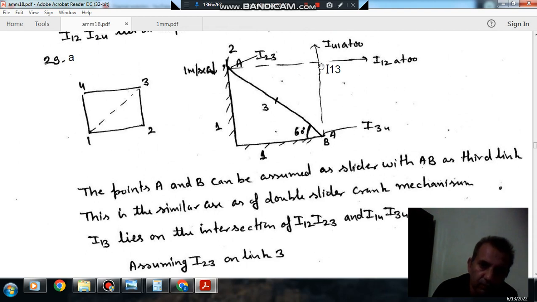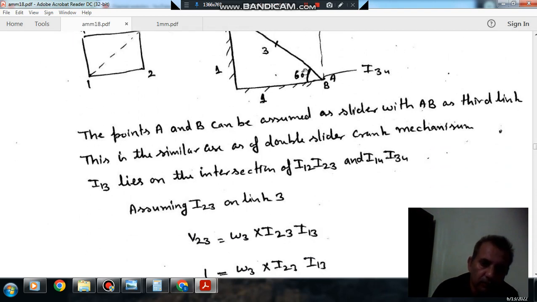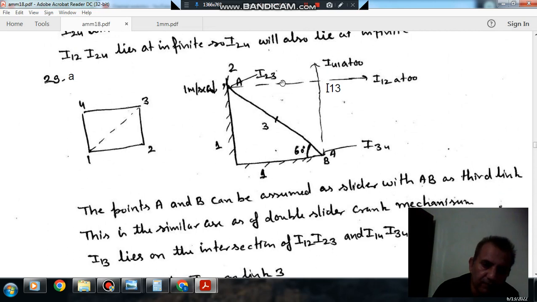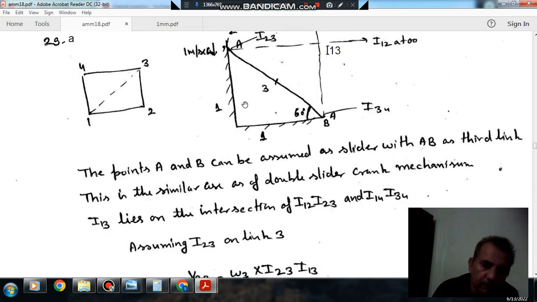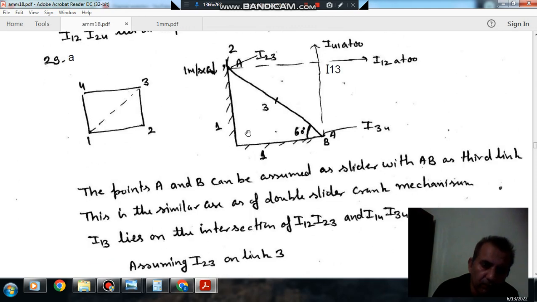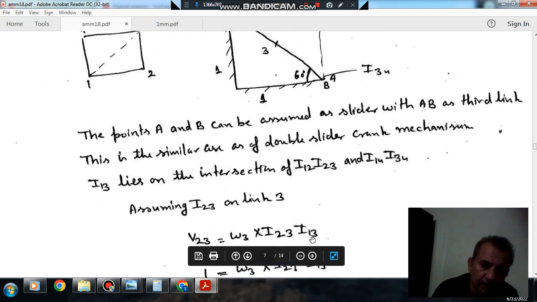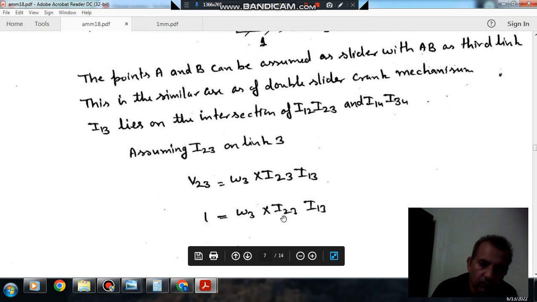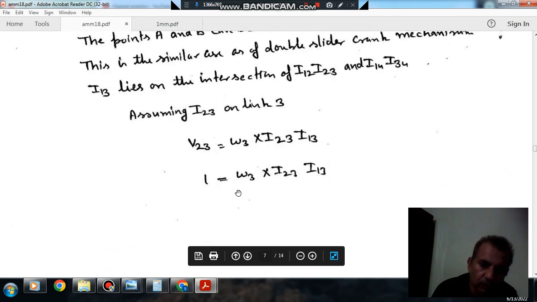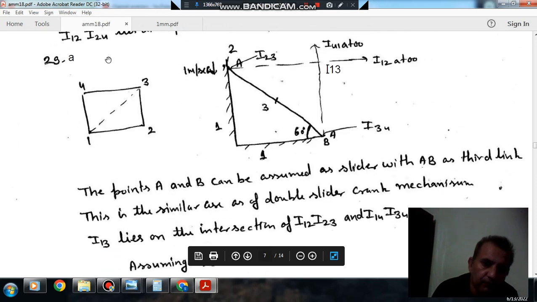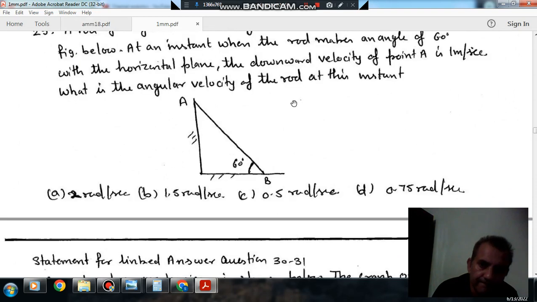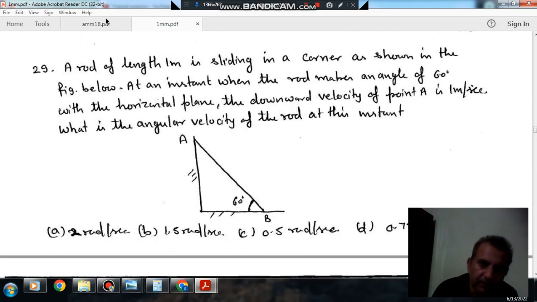If omega 3 is the angular velocity of link 3, then this point's velocity V23 will be omega 3 times I23 I13. Okay. As the velocity of slider A is given as 1 meter per second.